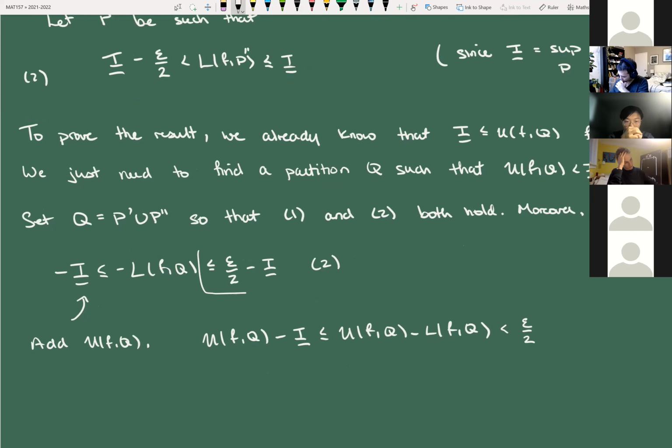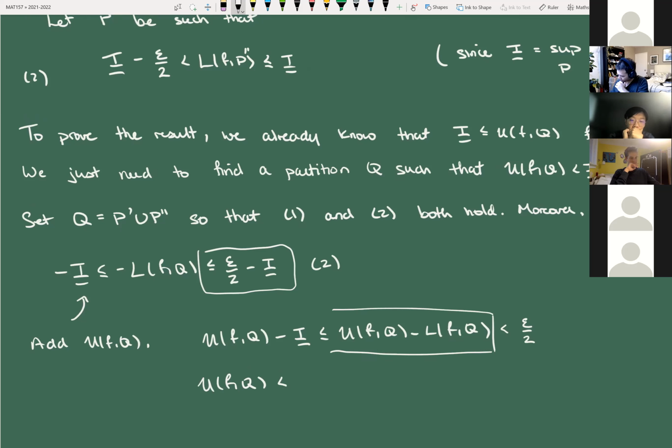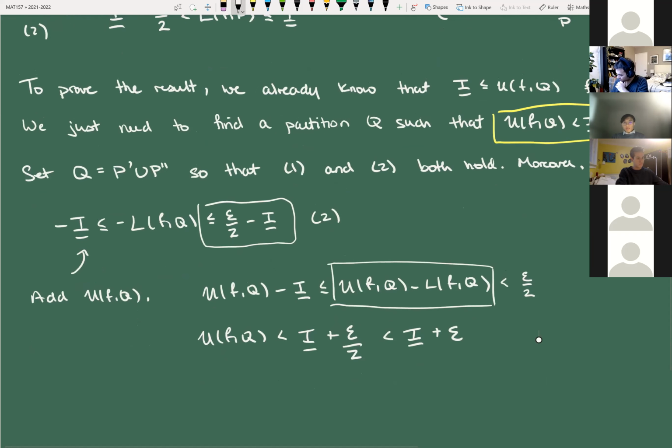I'm not even using this side. Because now I've gotten that UFQ is less than, so let's ignore this middle part. If we ignore this, we get this is less than I bar plus epsilon over 2, and that's less than I bar plus epsilon. And that's what we wanted to prove. So I guess I didn't even need the epsilon over 2. I could have just done epsilon. Oh, well. Hey, listen, if it works, right?